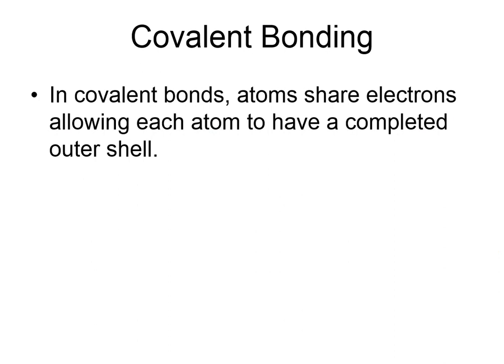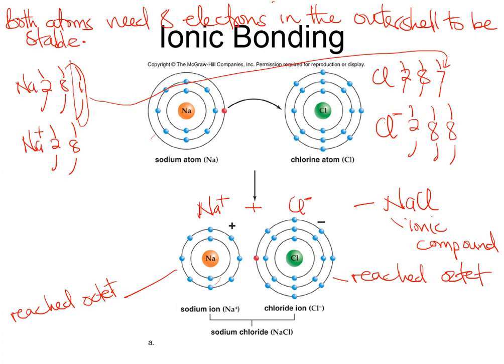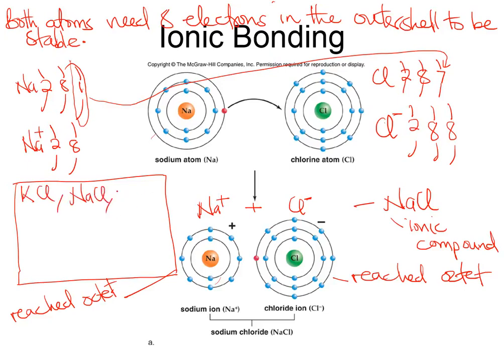So we have a lot of examples of ionic bonds, ionic compounds. I can just write them here. So just for example, potassium chloride is an ionic compound. Sodium chloride is an ionic compound.